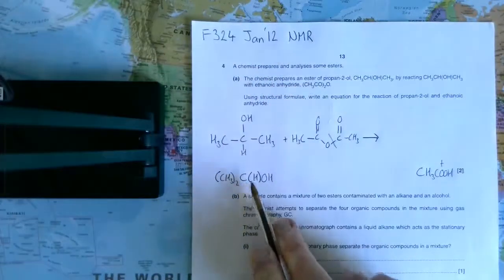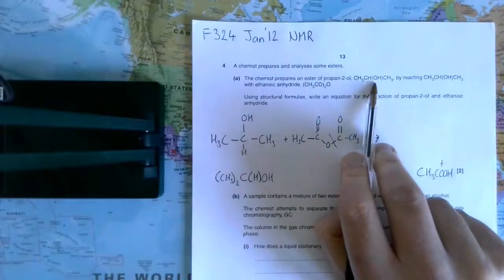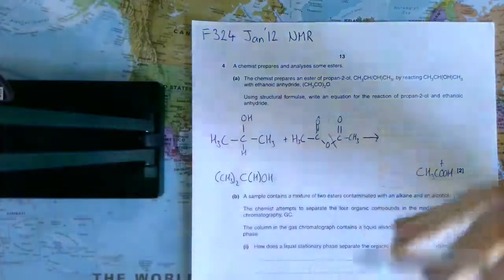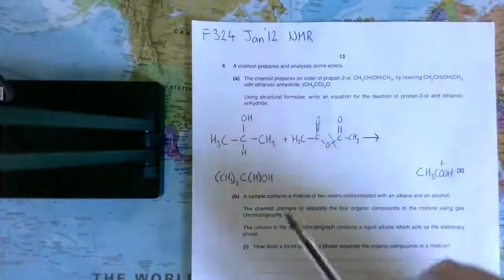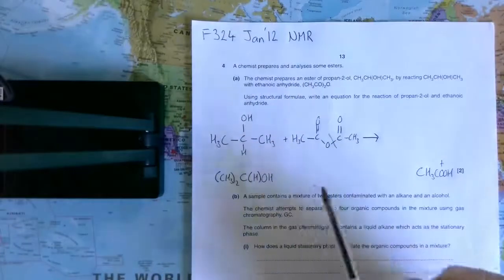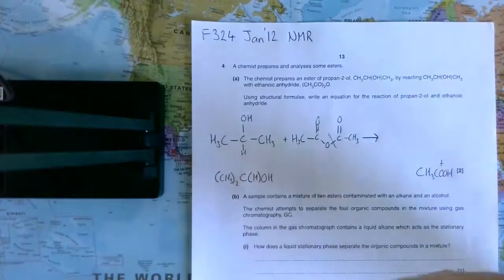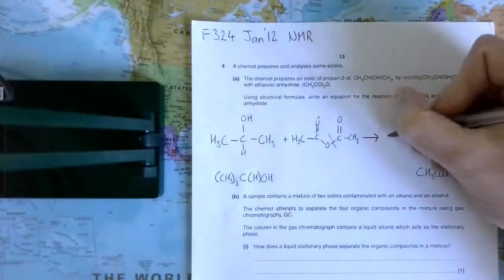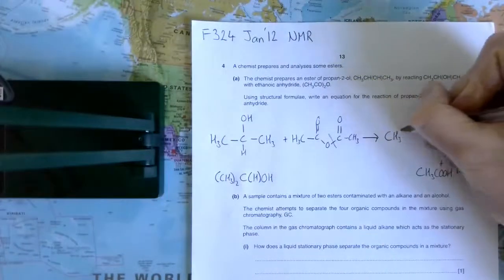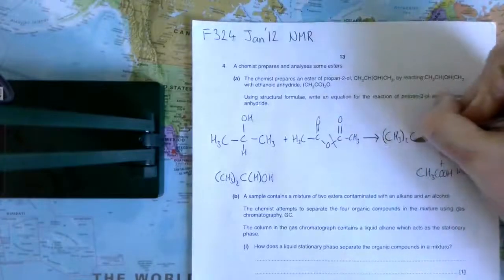So I've just rearranged it from the way it's presented, which has the OH in the middle of our formula, but we want it on the right hand side so that we can then link it to the carbonyl to make the ester. So if I take this over here, CH3, closing my brackets there.